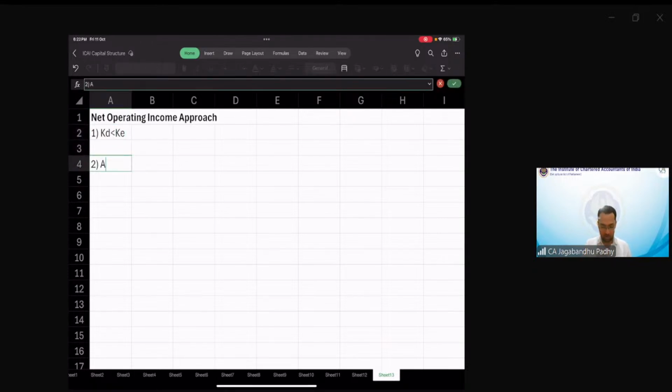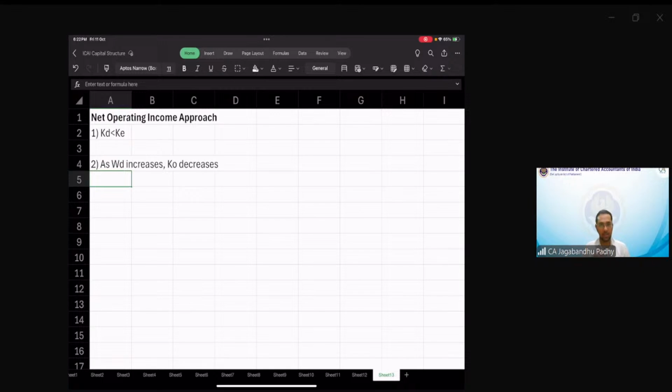Further, they say as weightage of debt increases, overall cost KO decreases. So as the weightage of debt increases, overall cost of capital decreases.